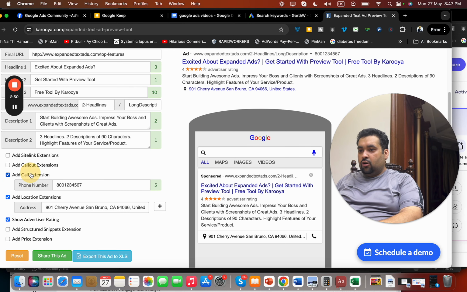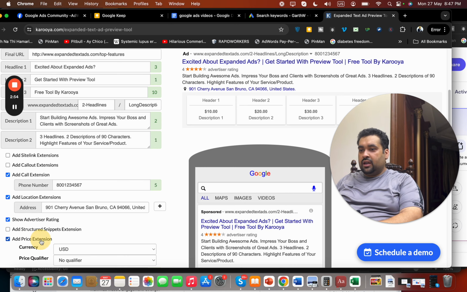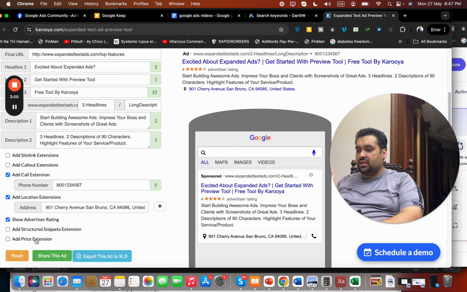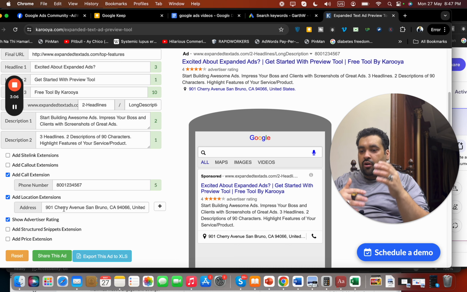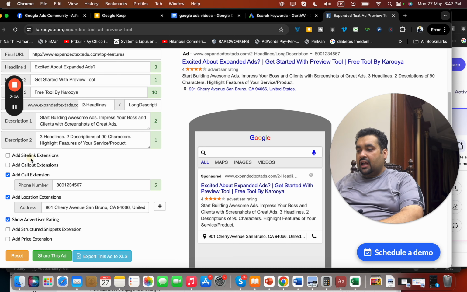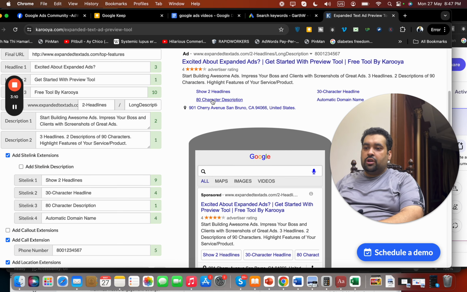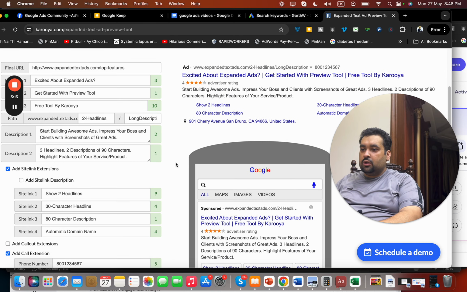You can see a call extension adds the phone number. And if you add the price extension, that can make you stand out. You can add the promo extension as well. It's not showing over here, but you can add it in Google, and through that you can show a deal running right now, 10% off, 20% off, something like this. Sitelink extensions showing more about your business could also be used.